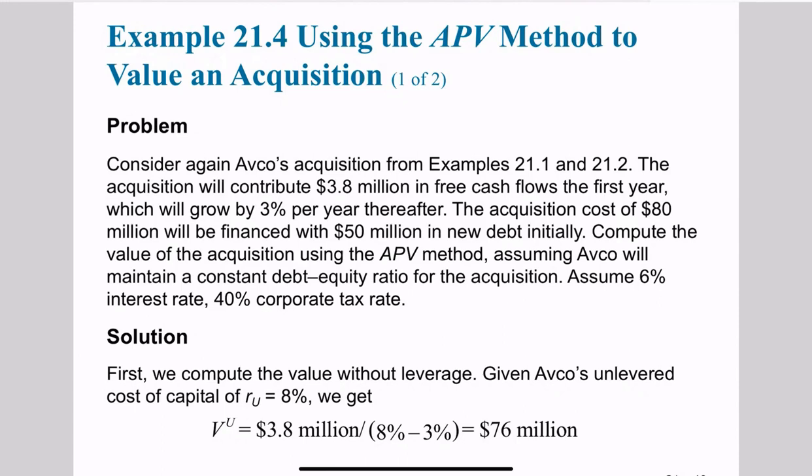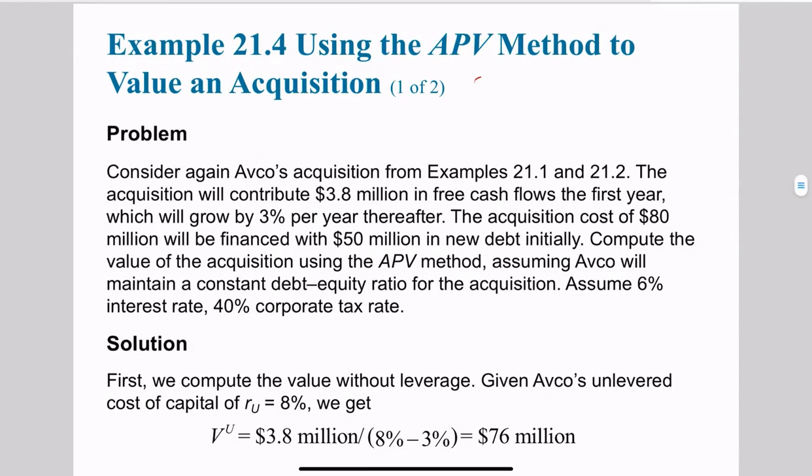So obviously the first step of the APV method is to find out what is the unlevered value. And you can see that this is pretty easy, right? So we can see that the free cash flow in the first year is $3.8 million.